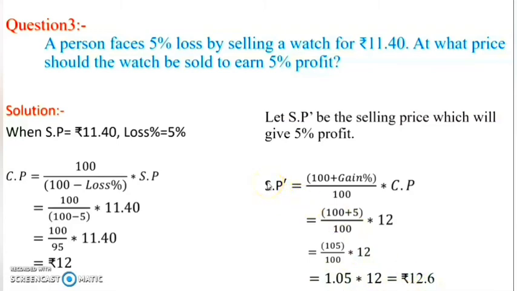So if you sell the watch at rupees 12.6, you will earn a profit of 5%. So the required selling price here is rupees 12.6. So this was a different kind of problem where you were supposed to find the cost price first and then use it to find the selling price.